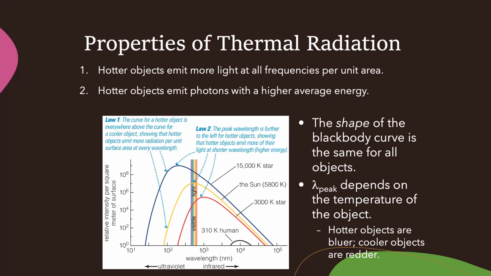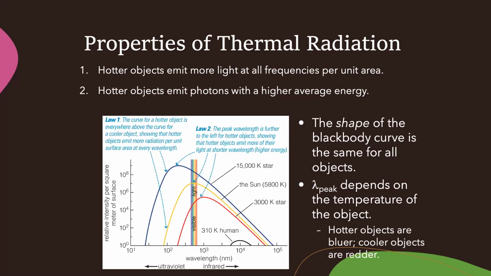What does that mean? If you compare the sun to your body, your body is not hot enough to emit light at all frequencies for every unit of area that you have.